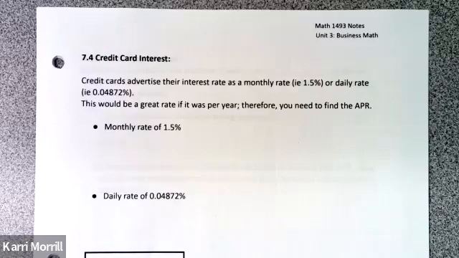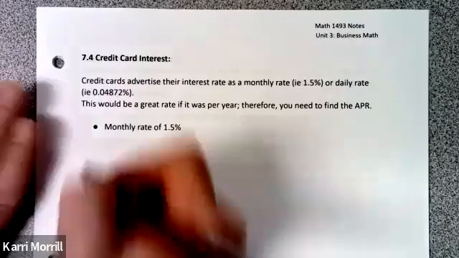What would that cost you if you use that card for something over the entire year, for 12 months? They're saying it's 1.5%, but it's really not, because each month it's going to add on to your bill as interest. By the end of that, you would find what it really would be by using APR.